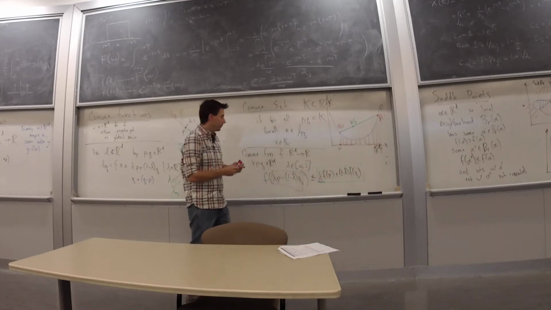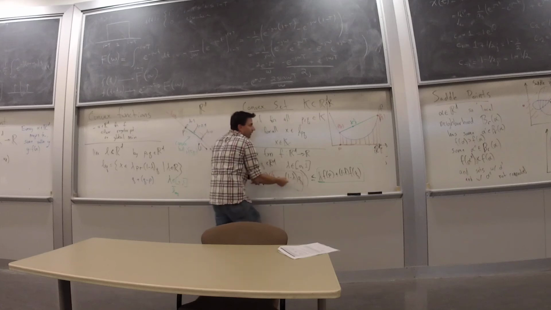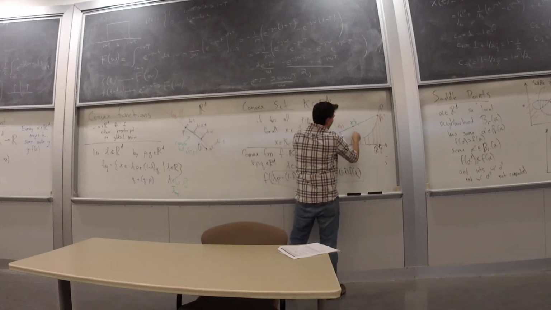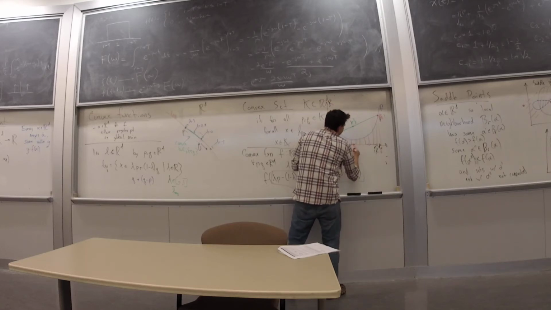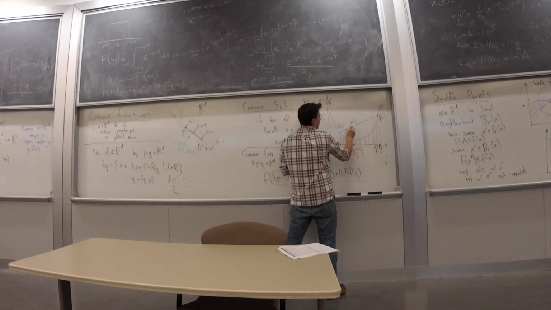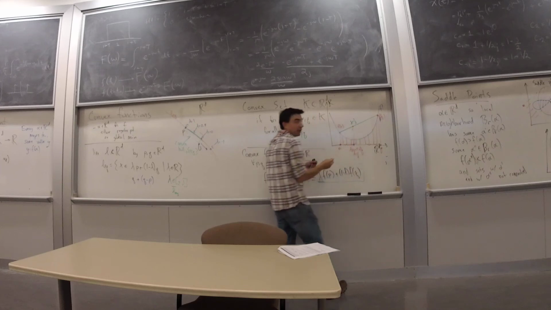And so what I need to ensure is that the function values between here, this point here, is lambda p plus 1 minus lambda q for lambda equals 1/3. It should be this same point here.